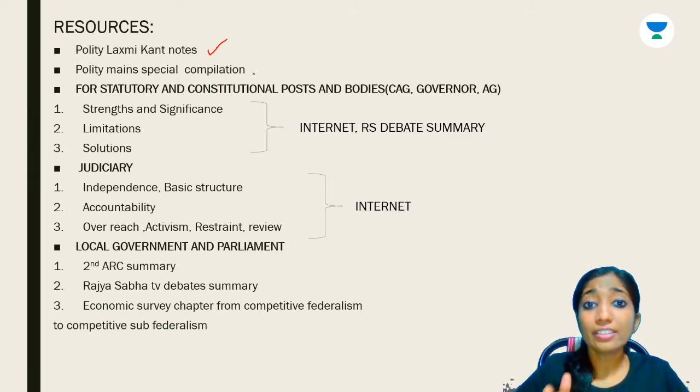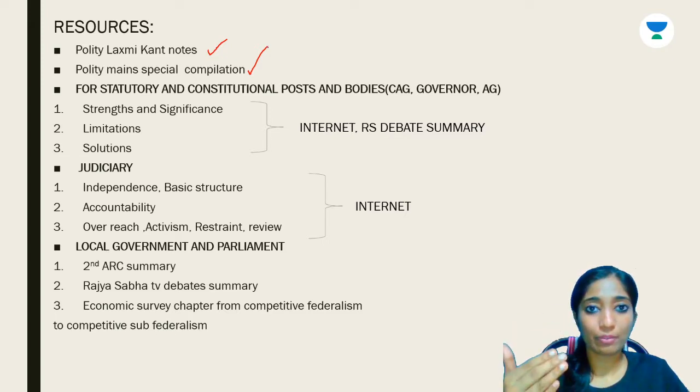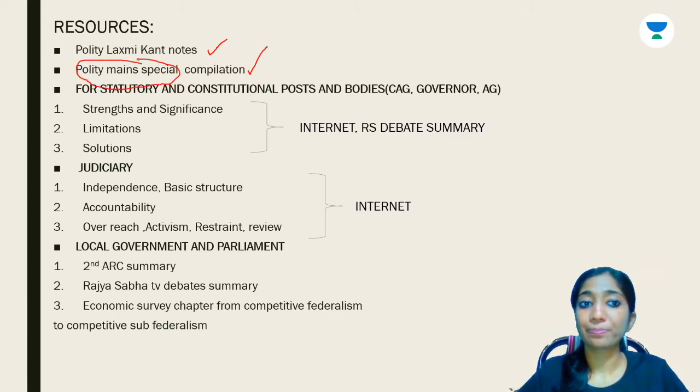And for the dynamic portions, I used to refer the polity mains special compilation, and any of the institutions mains compilation. I did the subject-wise current affairs, not the month-wise current affairs, so in subject-wise current affairs I referred to this polity mains special.